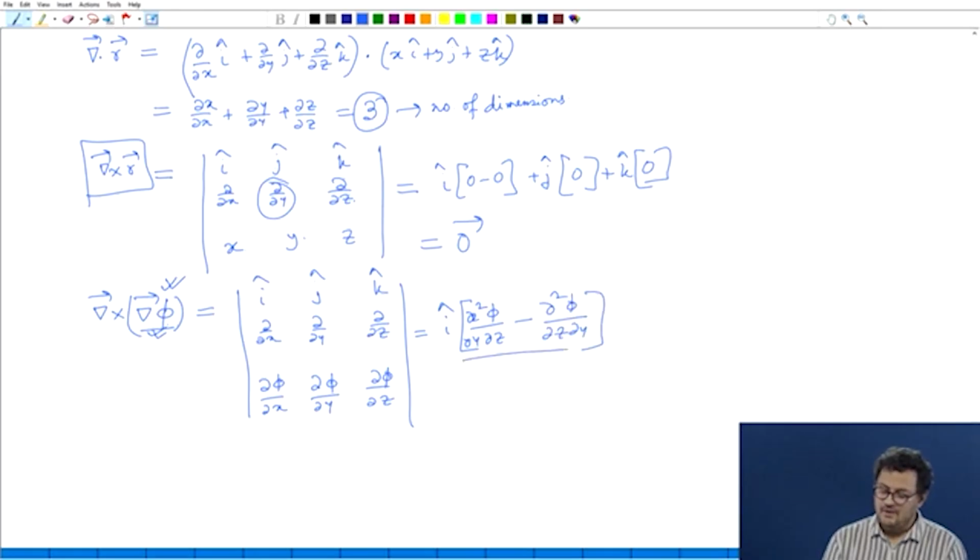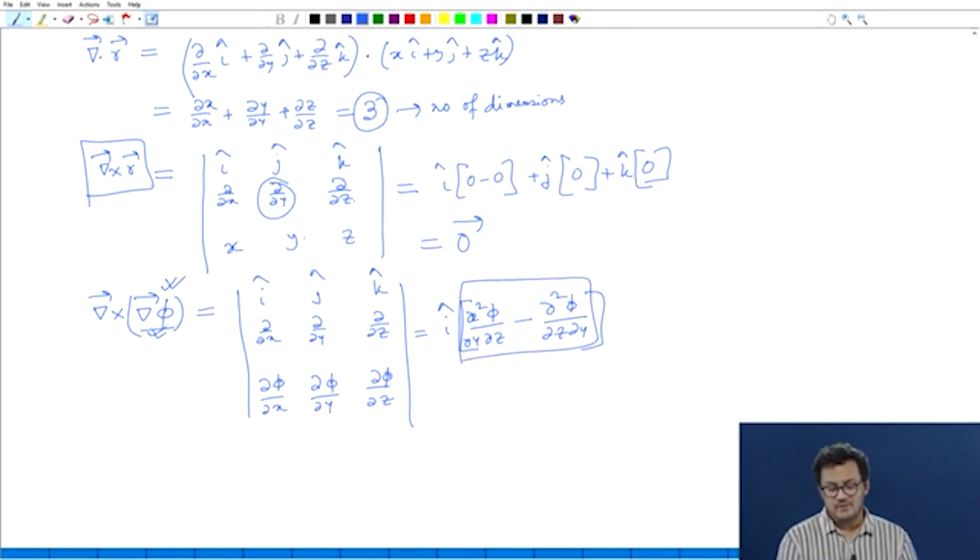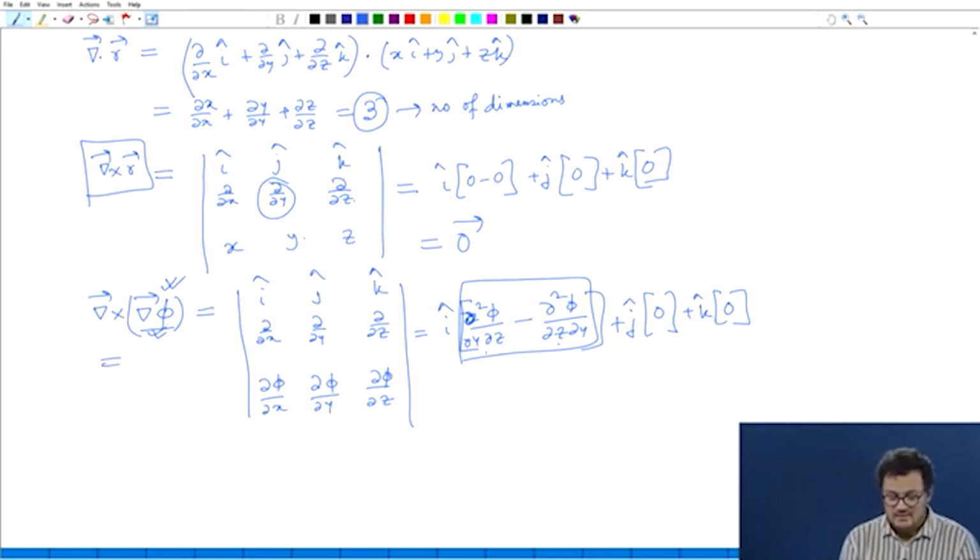Now, for a normal scalar function, these two things are always equal, and that is why they vanish. By the same reason, the other two components also vanish. You can do that explicitly, and that is why this is equal to a 0 vector, another null vector.